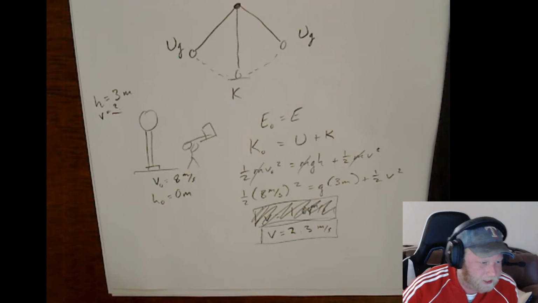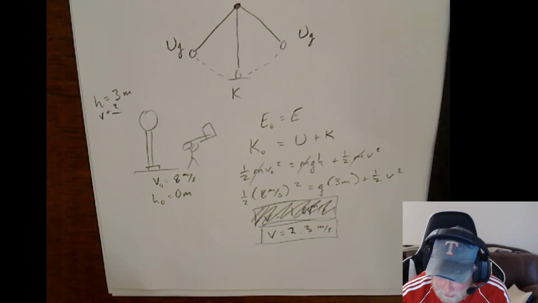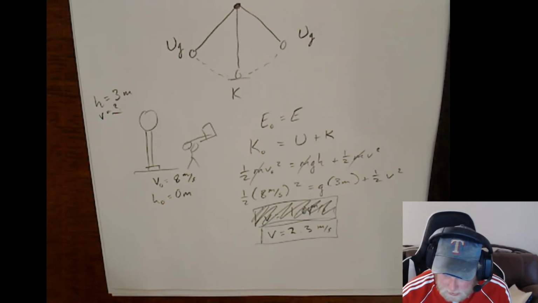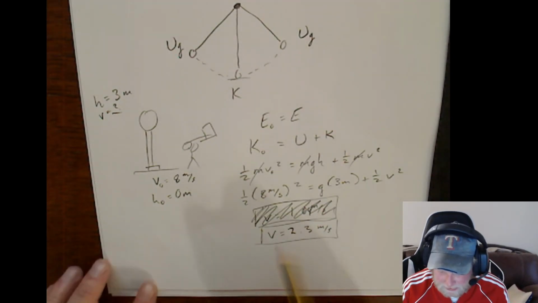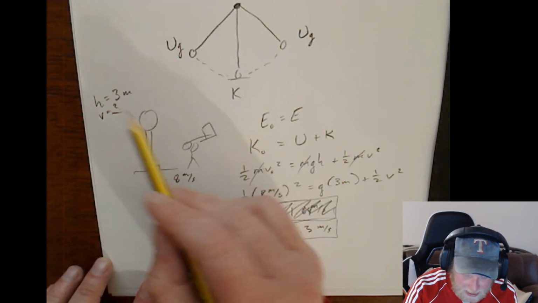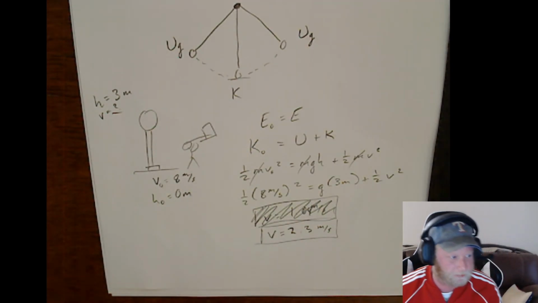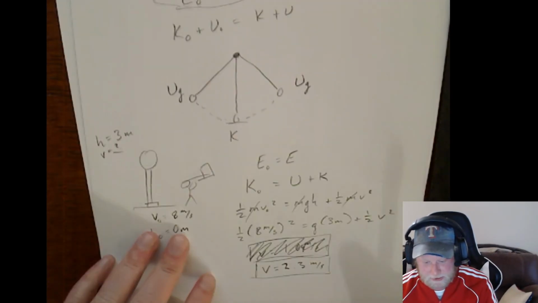So let's be careful with the algebra there. Happens to the best of us. So if it's still moving at 2.3 meters per second at a height of 3 meters, we know it's going to ring the bell.